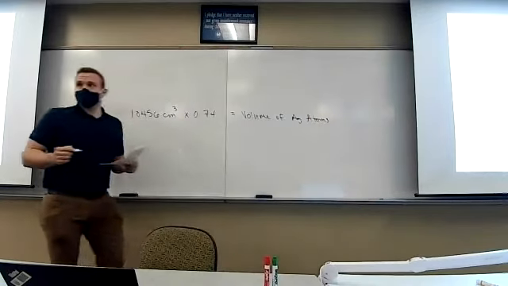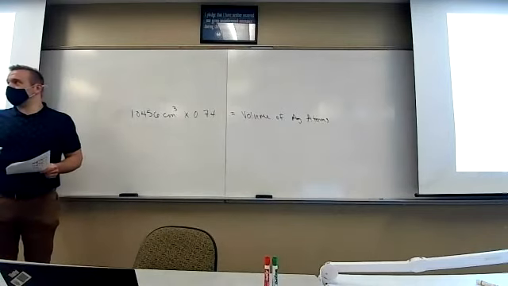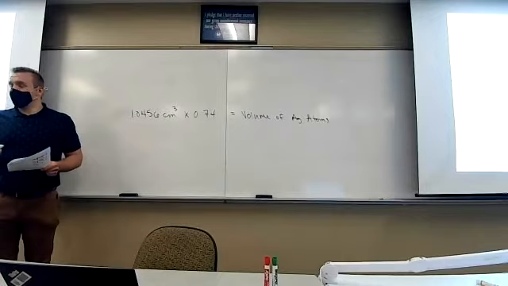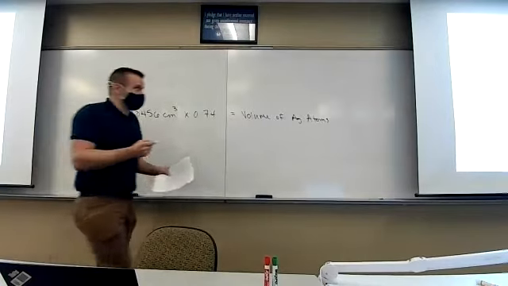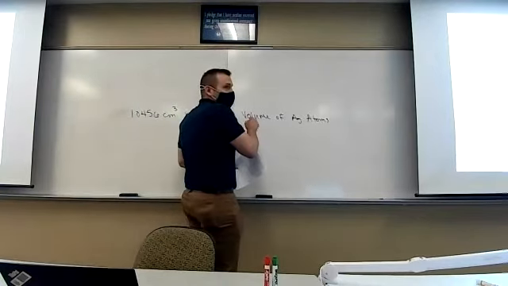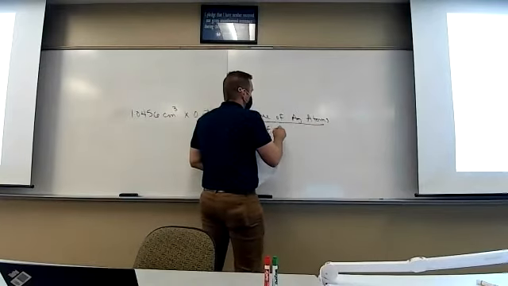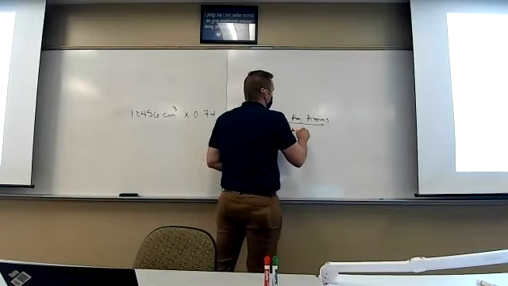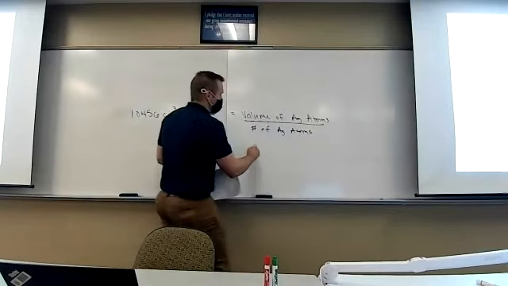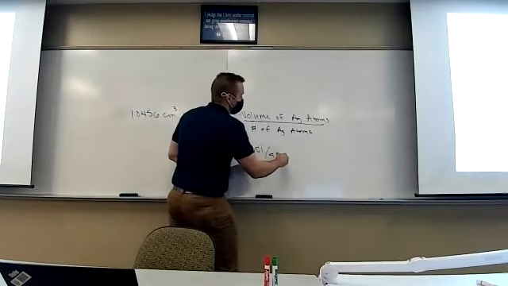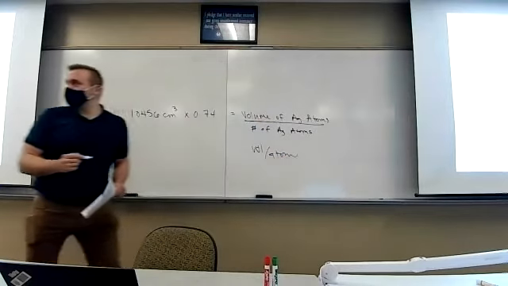Agreed? What's my total volume of silver atoms? And then if I divide this number by the number of silver atoms from the previous question, I get volume per atom. And that's it.